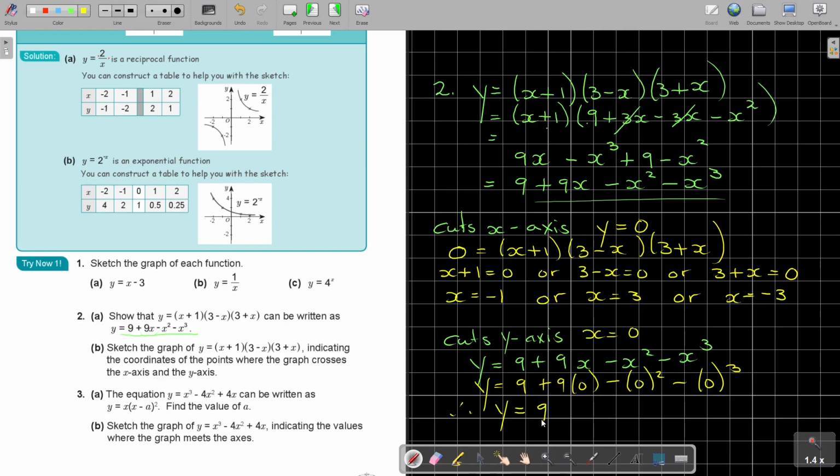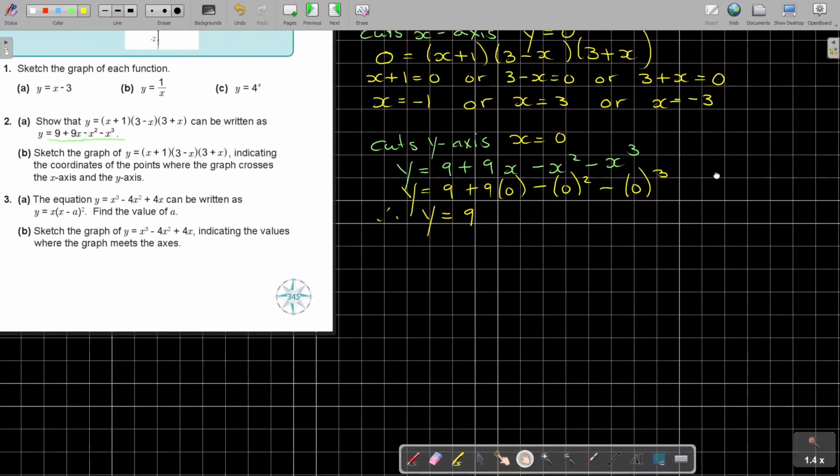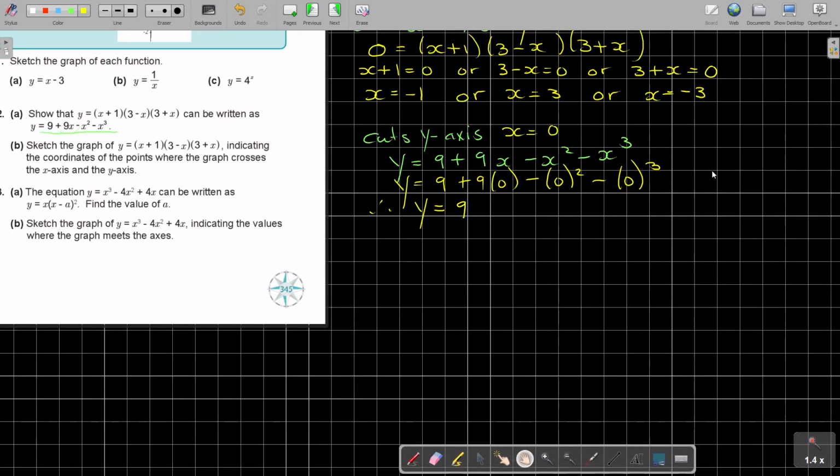Okay, and now I can go for the sketch. Can you remember what I said? Because it's negative x cubed, the gradient will first go down. So let's put everything on a sketch. I'm going to make my axes, definitely not without a ruler.